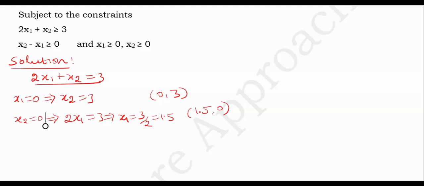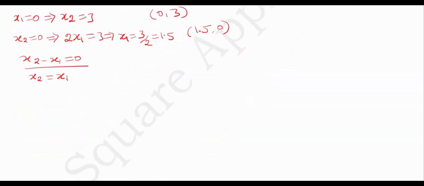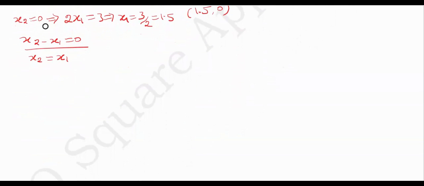From the second constraint, x2 minus x1 is equal to 0. From this, x2 is equal to x1. If we give x1 is equal to 0, then we have x2 is also 0.